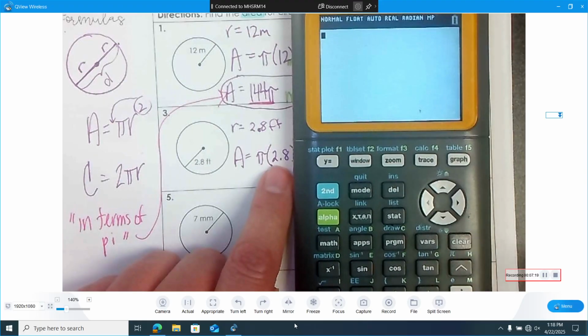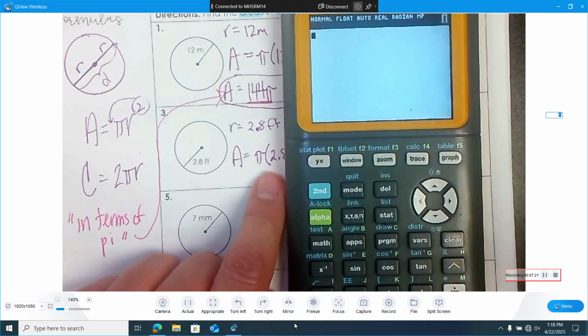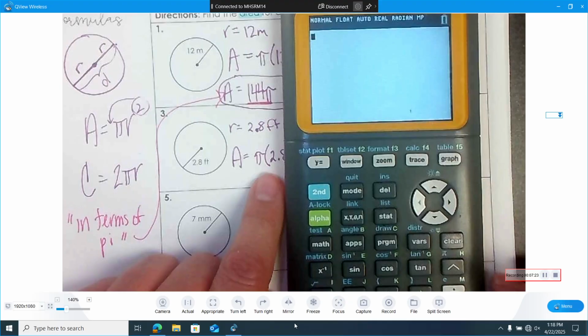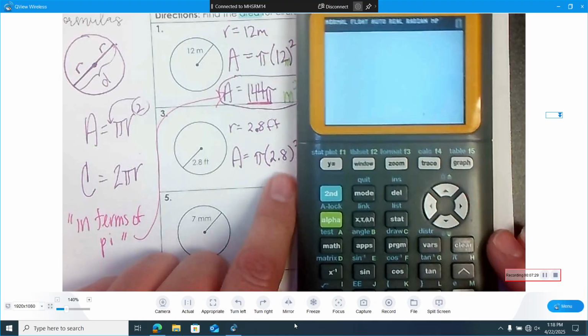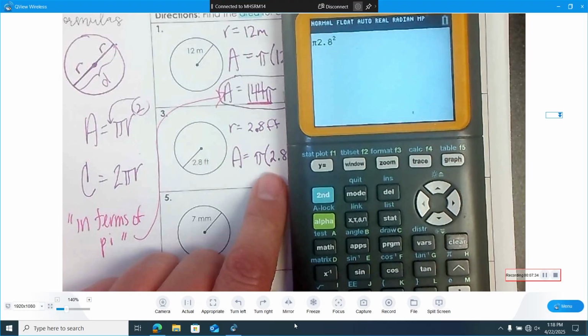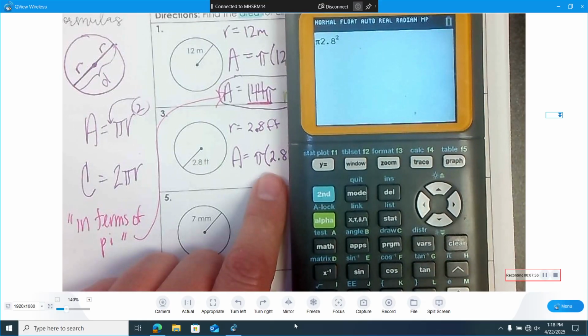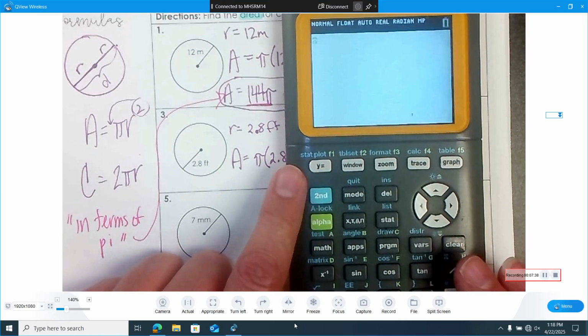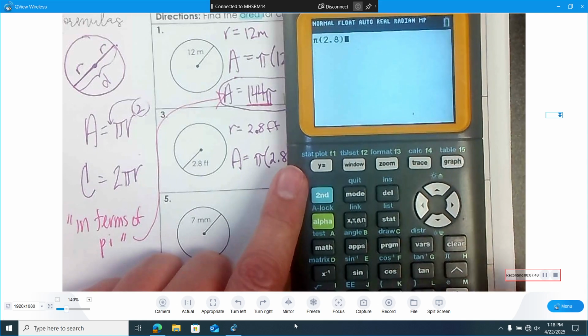First, you need to look at your calculator and figure out where pi is, because we're not gonna use some crazy approximation. Pi is right here. It's in blue. What do you need to do to access pi? Second. Good. So we're gonna do second pi, and then 2.8 squared. I'm gonna do it the really good way, which is to use parentheses.